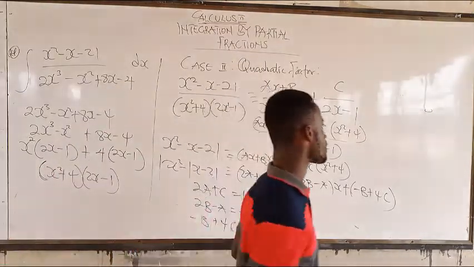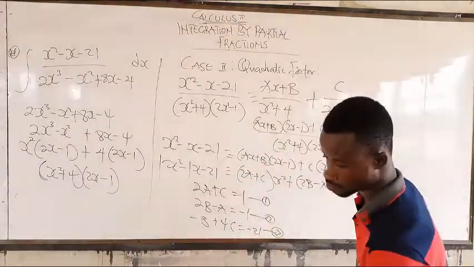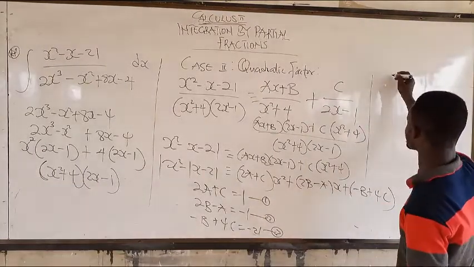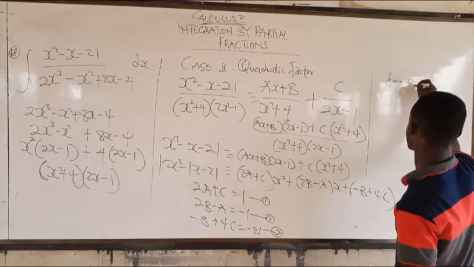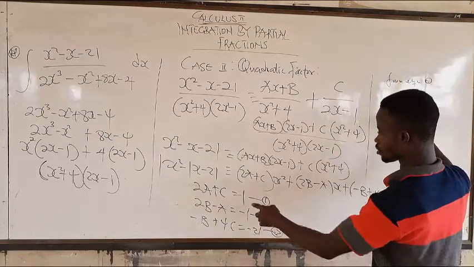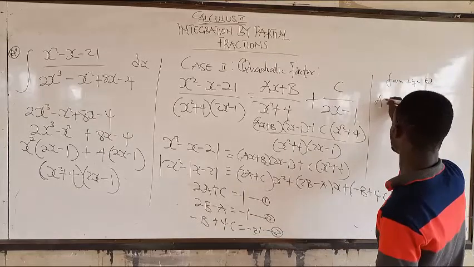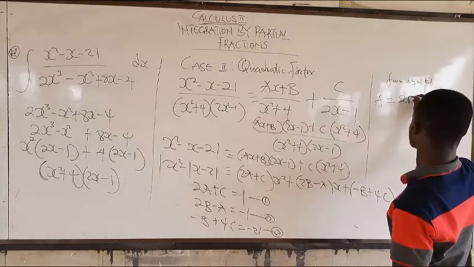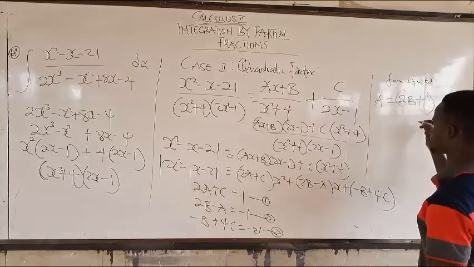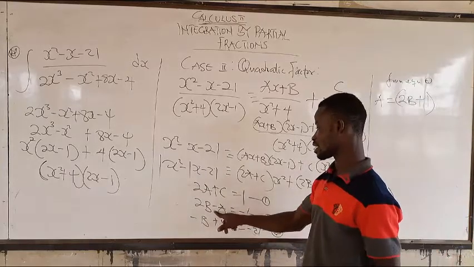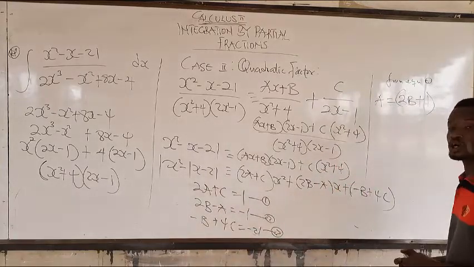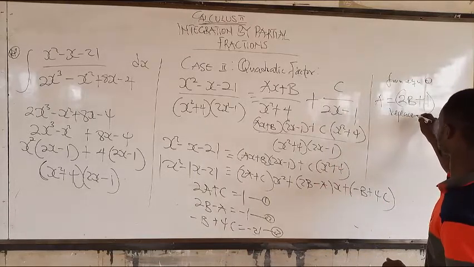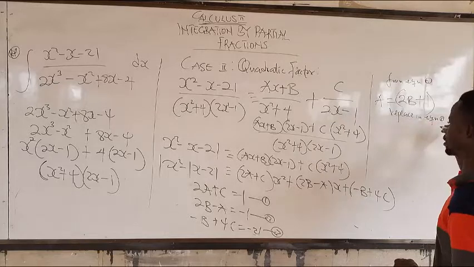Let me help you small. So from equation 2, we can get A to be equal to 2B plus 1. Hope you can see that 1 is here and it's 3. Alright. So then we replace in equation 1.